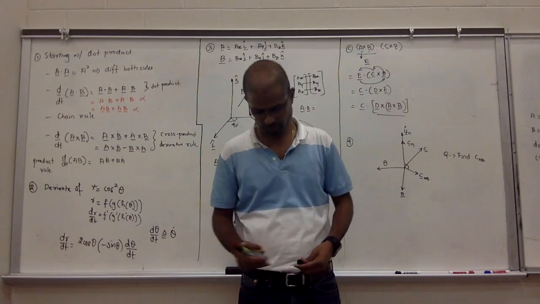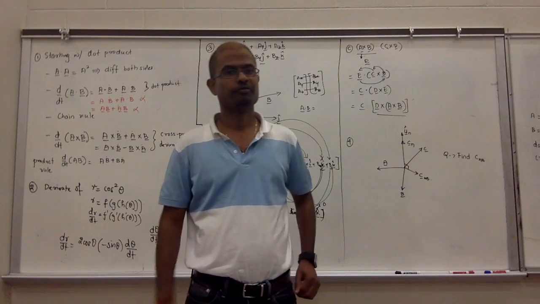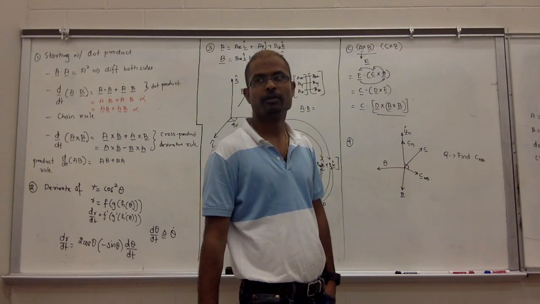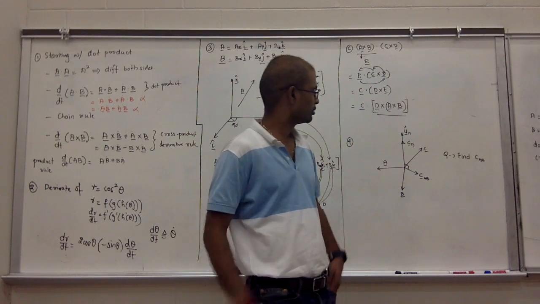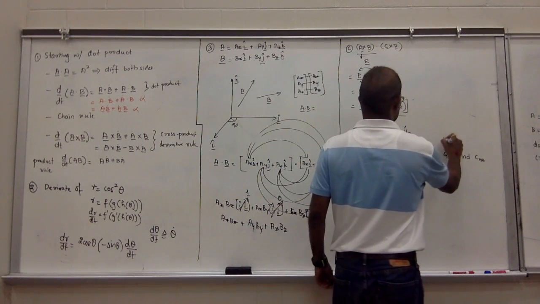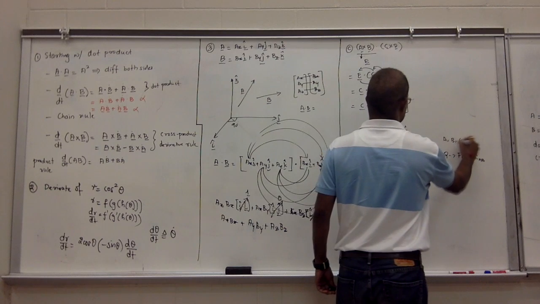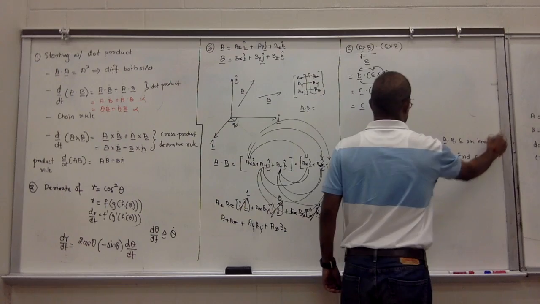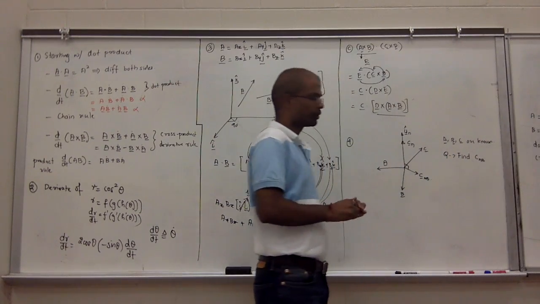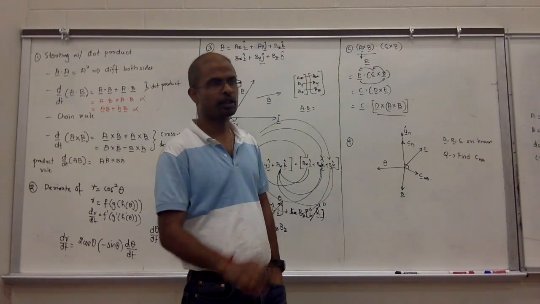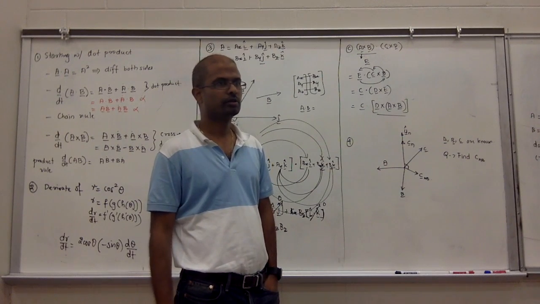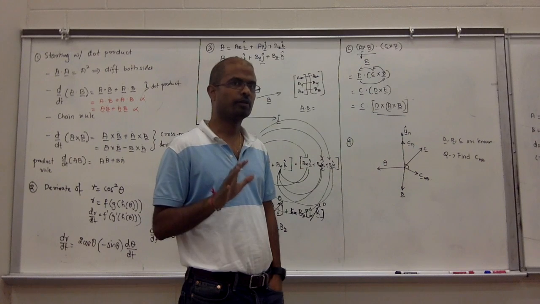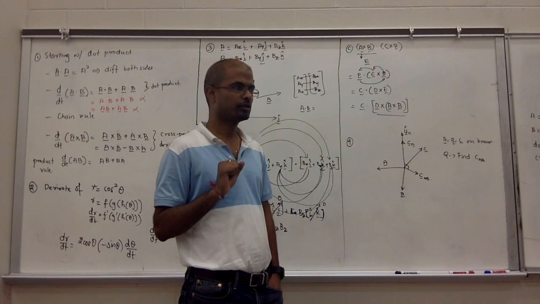You know only A, B, and C. A, B, C are known. So here is, I won't write this down. I'll just tell you, and you try to see if you can understand this.